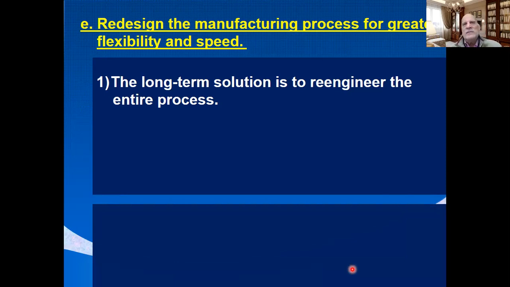Let us now have an extended example for better understanding. As we mentioned, we have to follow 5 steps in using the theory of constraints.